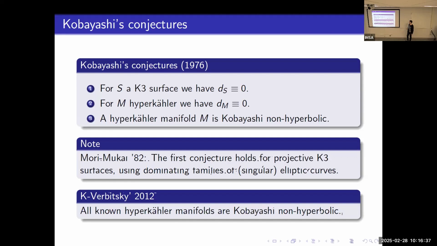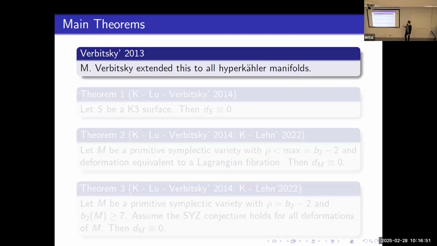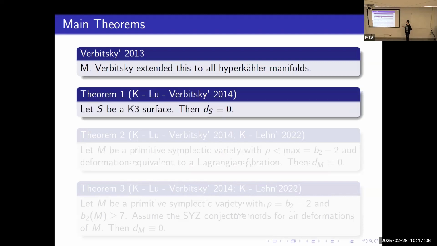Because for the known hyperkahler manifolds, we know they have Lagrangian fibrations. Otherwise, our theorem said that the Lagrangian fibrations in the moduli space are either dense or empty. And then, using the ergodicity results, Misha Verbitsky extended our results to all hyperkahler manifolds. And using the same hyperbolicity results, together with him and Stephen Lehn, we were able to further the results.